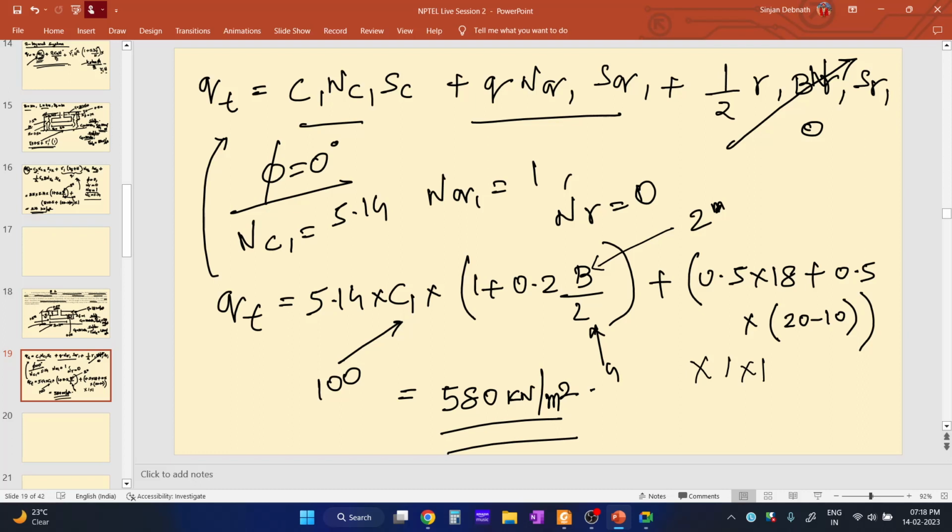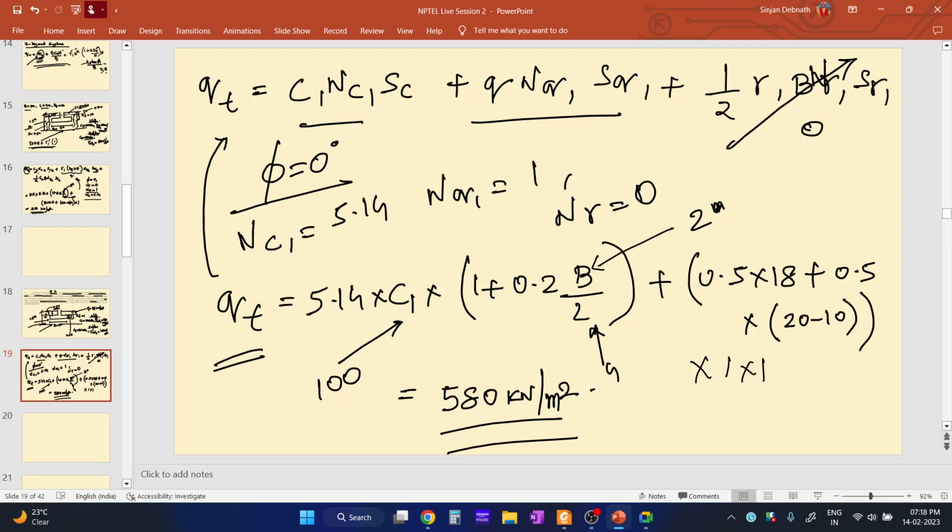If you have any doubt regarding this problem, please let me know whether you have understood it or not, or else I will proceed to the third part. In the third part, we need to find the bearing capacity of the whole system. Here I found the bearing capacity of the top layer.